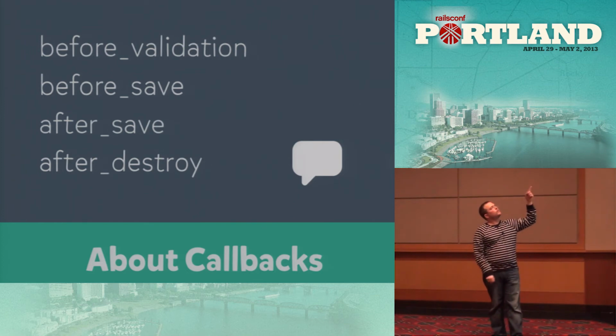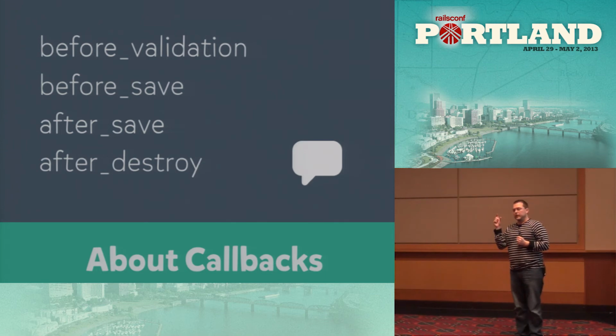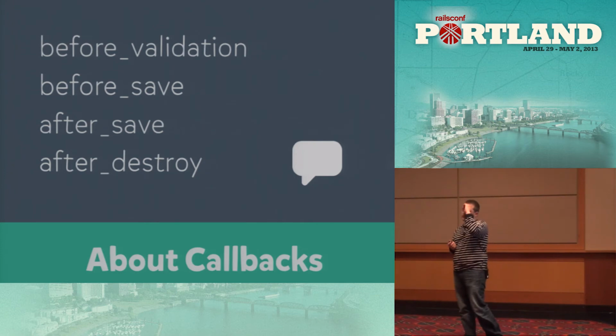But generally in before validation, you can have code that helps your validations pass, so you execute code that makes your validations pass, setting default values maybe if the user didn't set one.